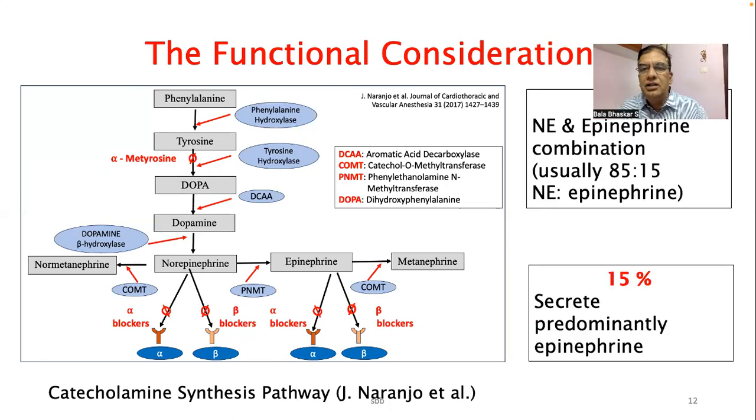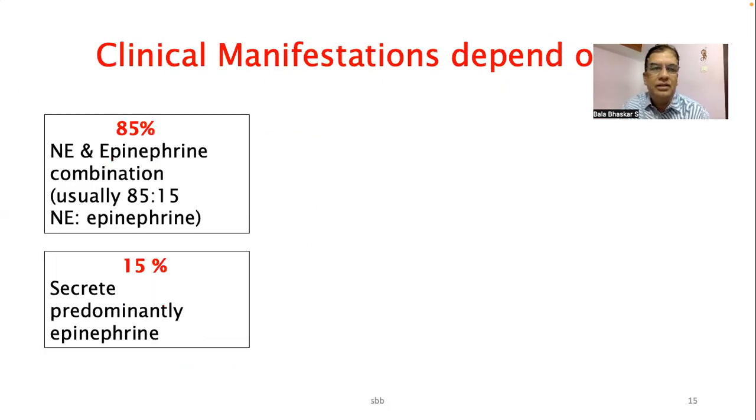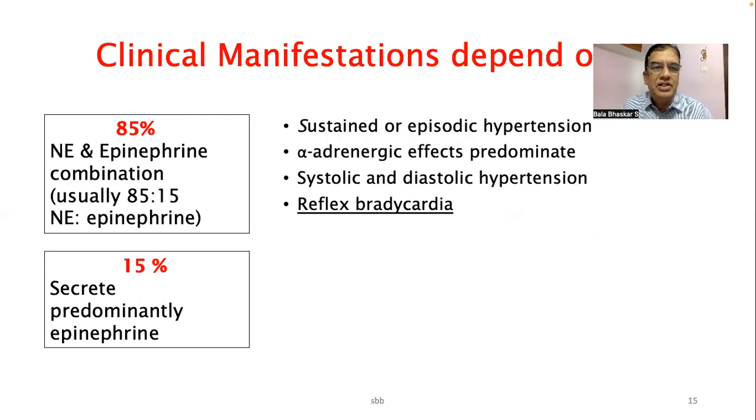In fact, a norepinephrine and epinephrine combination is seen in 85% of the tumors, and 15% of the tumors secrete predominantly epinephrine. Based on this, the manifestations differ. When norepinephrine and epinephrine are combined, which is very common, patients present with sustained or episodic hypertension.